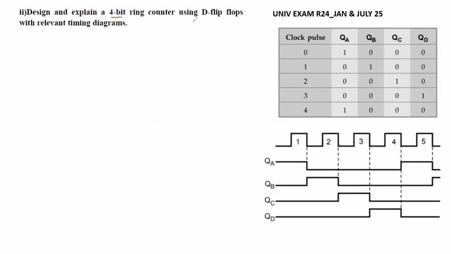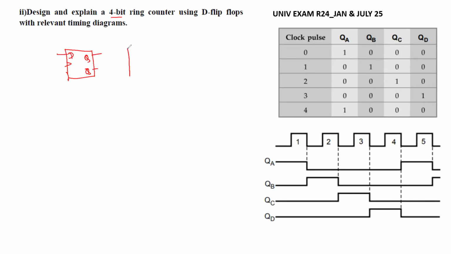Since it has 4 bits, 4 D flip-flops are required. We use D flip-flops everywhere because they are more economical. So first we have a D flip-flop, with Q and Q bar.